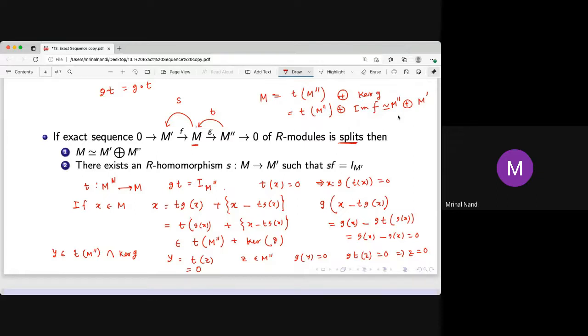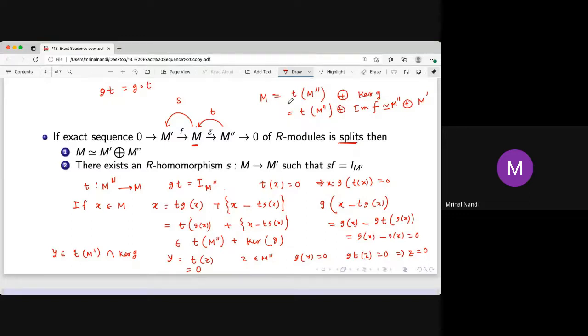So if it is split, then M is isomorphic to the direct sum of the other two, the left and right side modules. And then we also have this element S, one function from M to M dash. How do you construct that S? So it is a split.